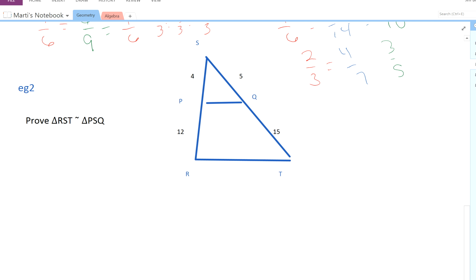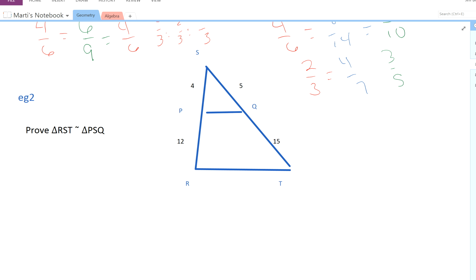Okay, so we have a triangle here in example 2, and we want to prove that triangle RST, which is the big triangle, is similar to PSQ. Do we have enough information on this one? Alright, so let's set this up.